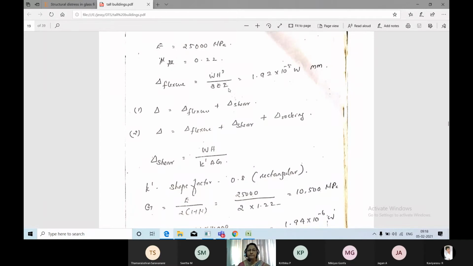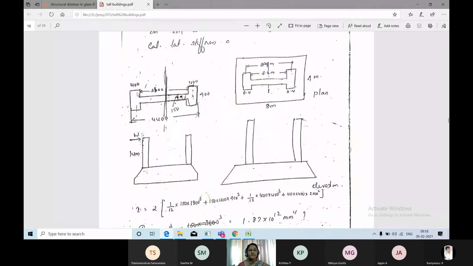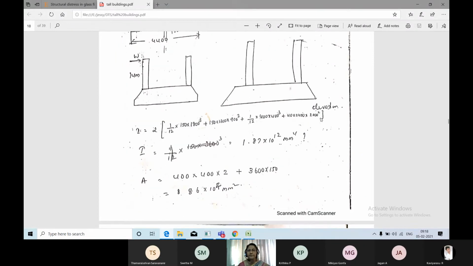For that you need to find the value of the moment of inertia I. That is the calculation I have given here for this I section. It's a symmetrical I section. You need to find the value of the moment of inertia. I have just given the calculation here. So that is the I value. Let's check my answer, because I have put a question mark here.